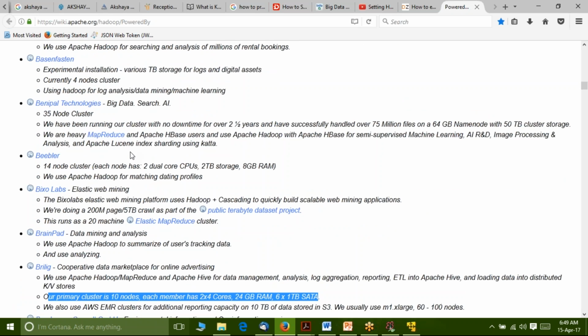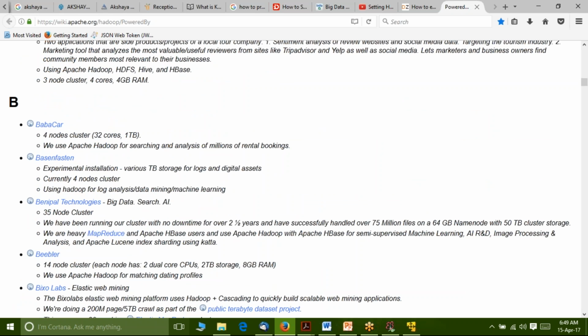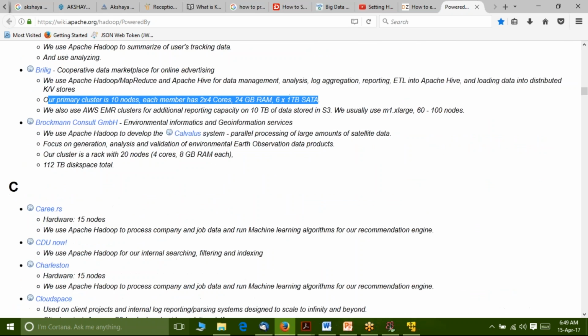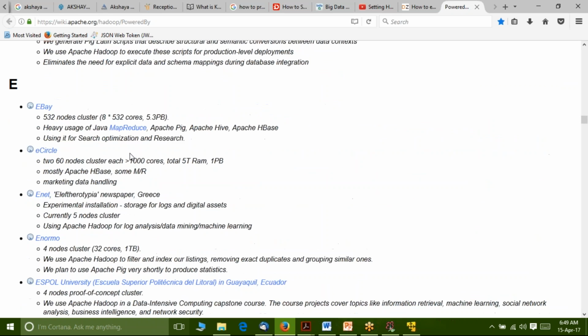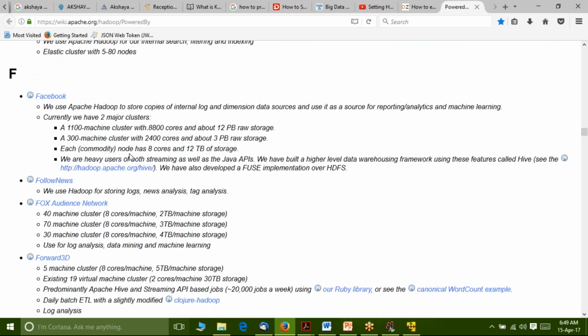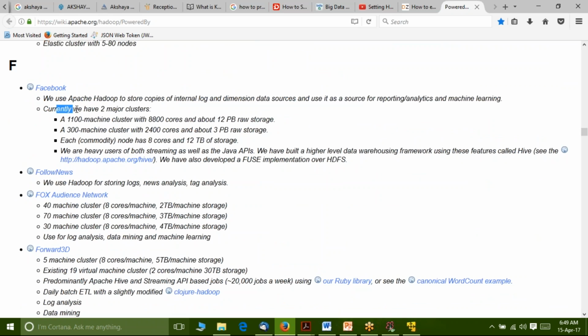There is no comparison in terms of the hardware and in terms of the size. You see the same thing if you go to Facebook. Currently we have two major clusters. A 1100 machine cluster, I think this information is old, today we have more, with 8800 cores and about 12 petabytes raw storage.